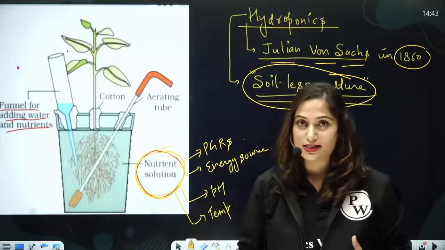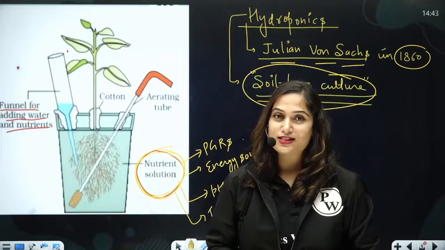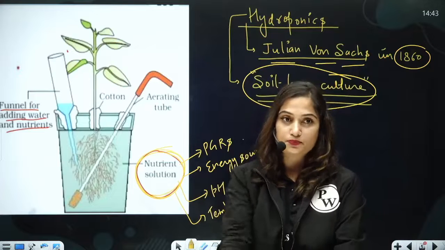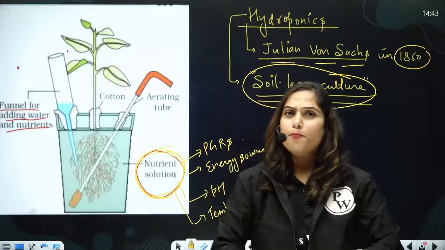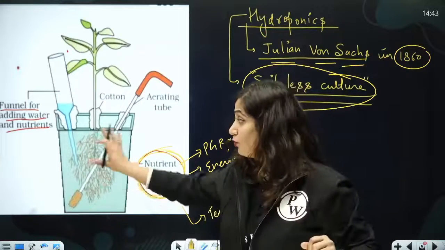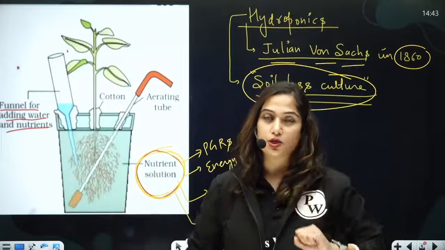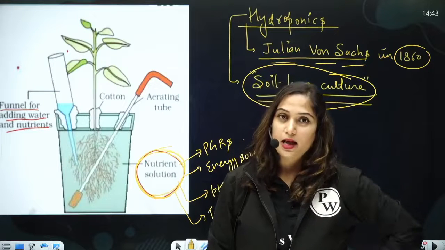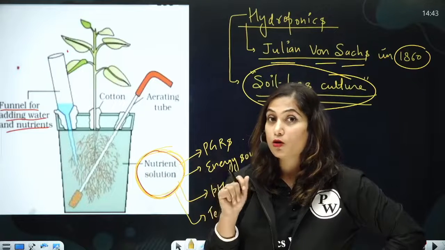Now the question arises, how will this technique help me to know which mineral is essential and which is not? Okay, so what we will do, suppose for instance, I want to know whether magnesium is essential or not. So what will I do? I will provide every nutrient in this solution except magnesium. And then I will wait and see whether this plant will be having any problem or not.